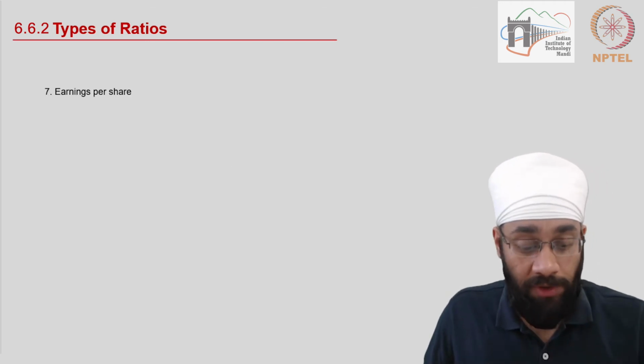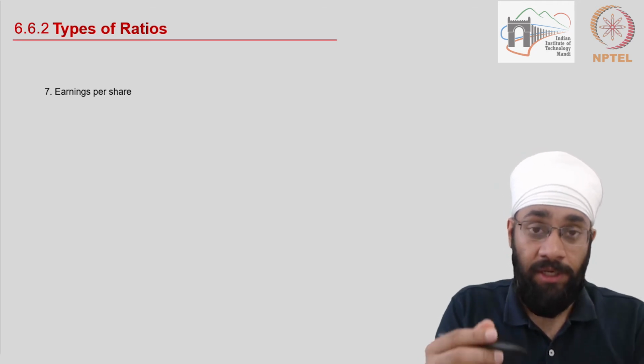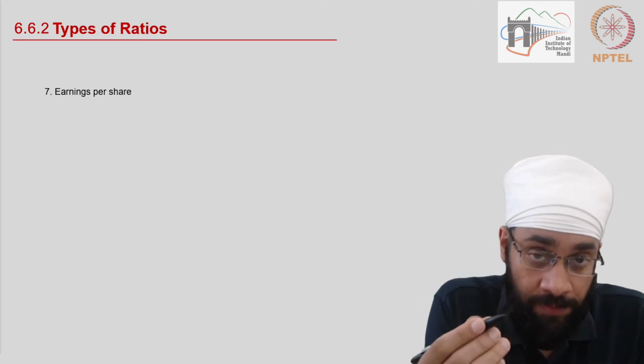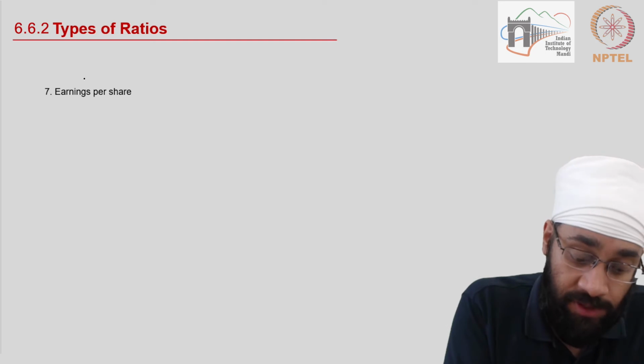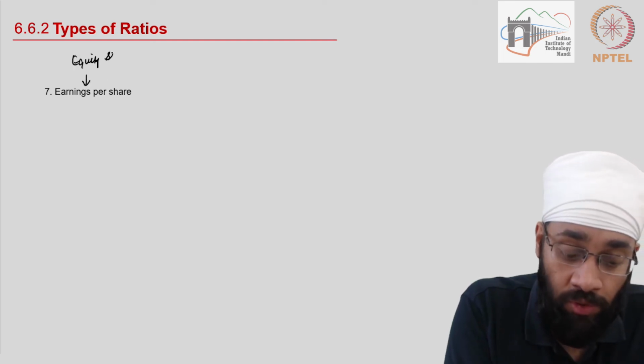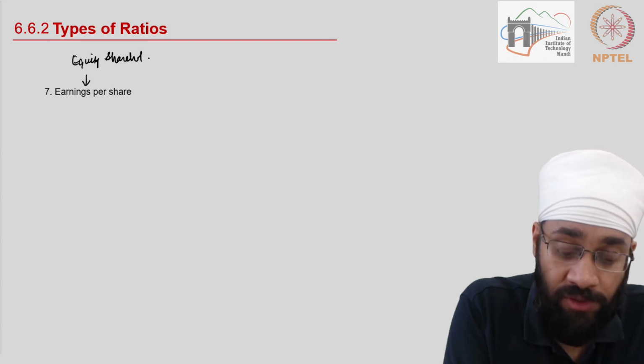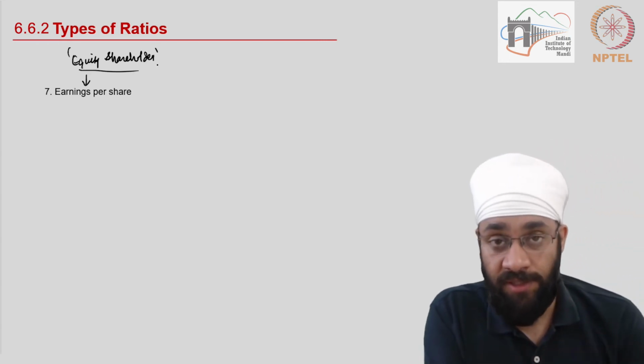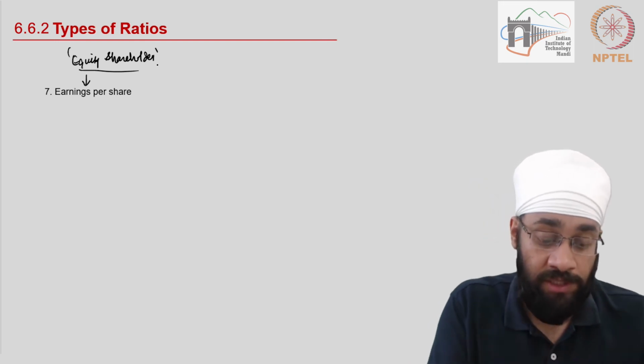Okay, let's move on. The next indicator is called earnings per share. Earnings per share is from the point of view of equity shareholders, and there is no debate about it. There are no two ways about it. This is standard, this is uniform across all sources.